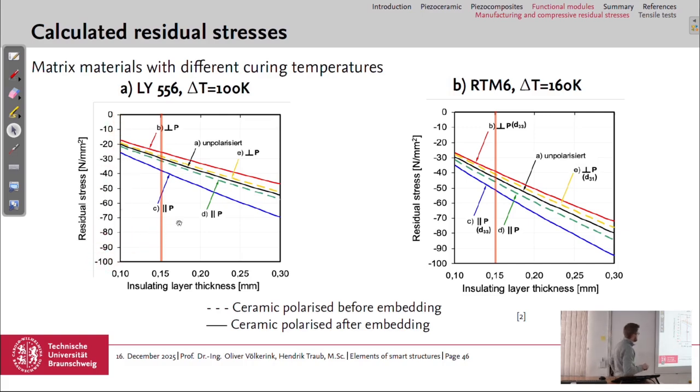And then if we have a look at the different lines, we have here in the middle the stress buildup in the unpolarized ceramics, so the same residual stress in all directions. We have about minus 30 megapascals at 0.15 millimeter layer thickness.